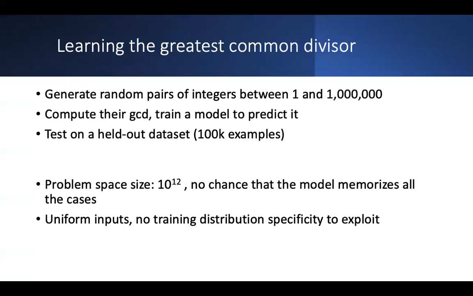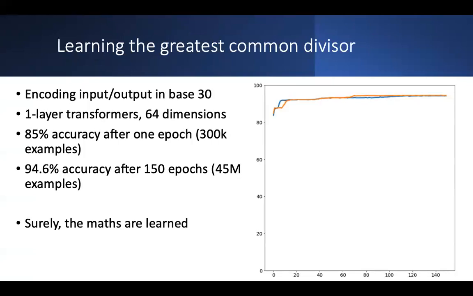You compute the GCD, train the model to predict, and test on a very large held-out data set. So if you start doing this, you encode the integers in base 30. Why base 30? You want a large base so that the sequences are short. And I thought that a composite base would help because there are more divisibility rules. It's usually easy to calculate fractions in composite bases.